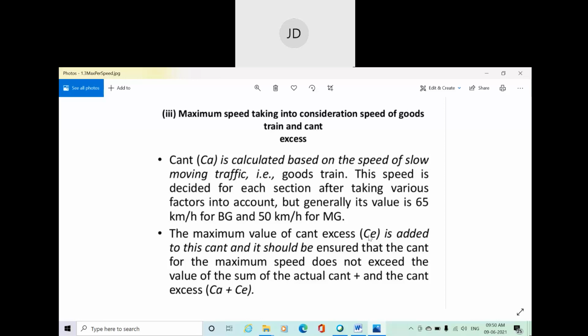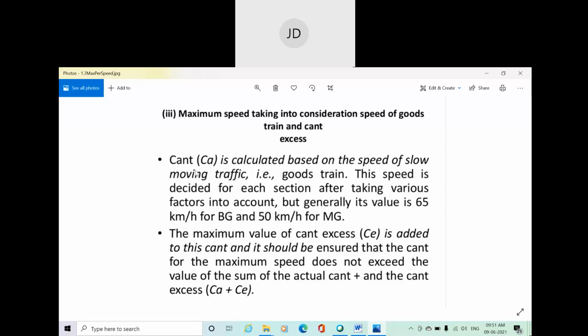The maximum value of the cant excess is added to this cant, and it should be ensured that the cant for the maximum speed does not exceed the sum of the actual cant and the cant excess. Fine. That means I first find out the actual cant based on the speed of the slowest moving train. Okay, fine. First find out CA.